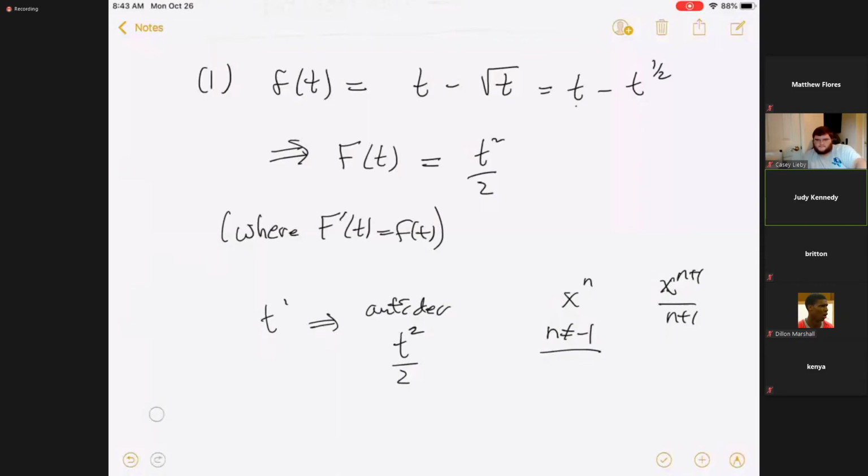Okay, so for t, antiderivative is t squared over 2. And we've got functions basically added there. So well, the minus is just minus 1, the constant. But I can just take the antiderivatives and put them back in as a difference of the antiderivatives for the big antiderivative. Okay, what's the antiderivative of t to the 1/2?